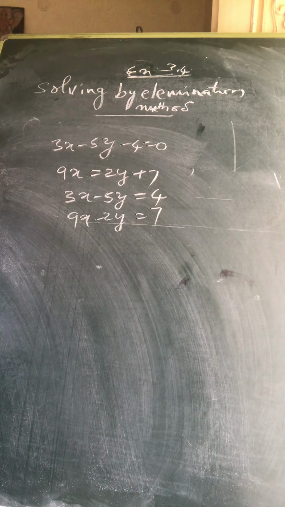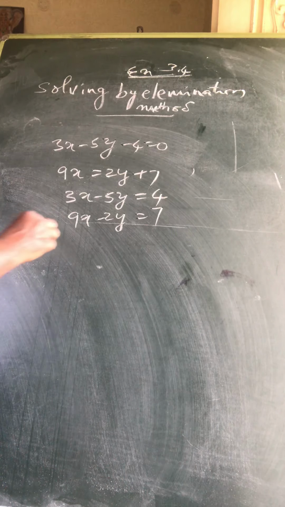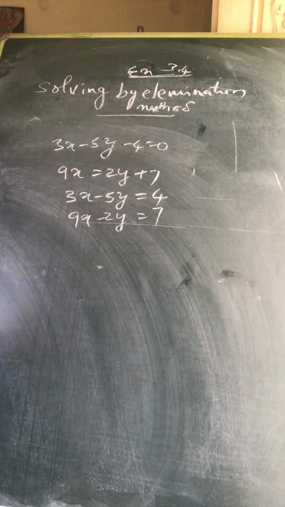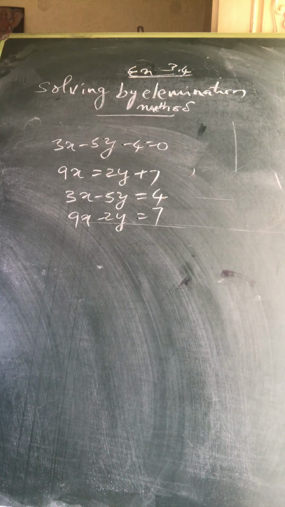Now here you can see that we have to eliminate any one of the variables from this. To eliminate, their terms must be equal. Here the 3x, 9x, minus 5y, minus 2y are different. In the first case, we eliminated the x. Now we can try to eliminate the y.